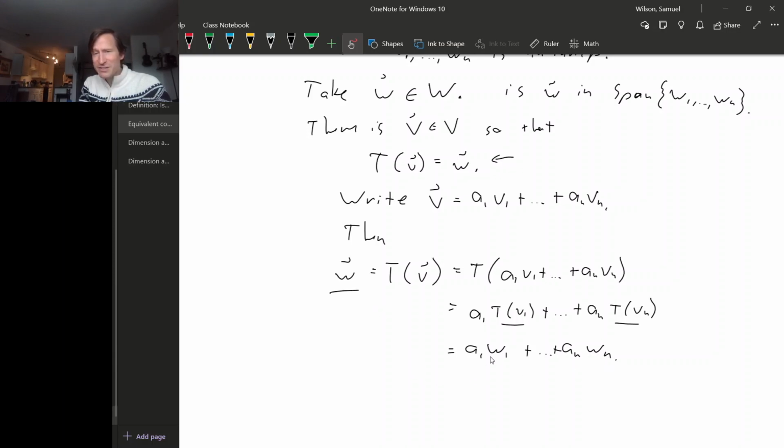But look, now we've expressed w as a linear combination of W1 through Wn. So w is in the span of W1 through Wn.